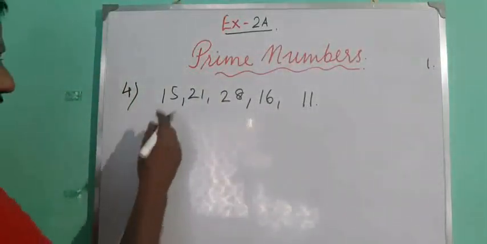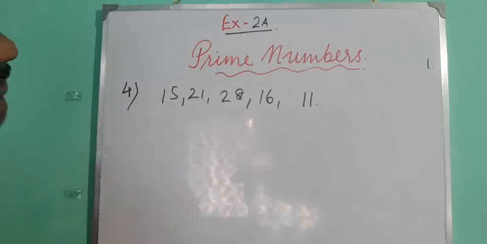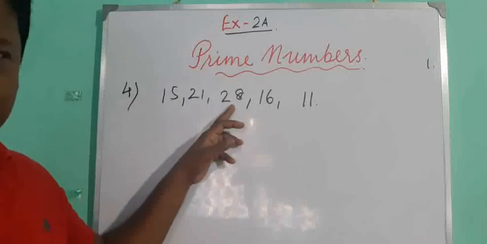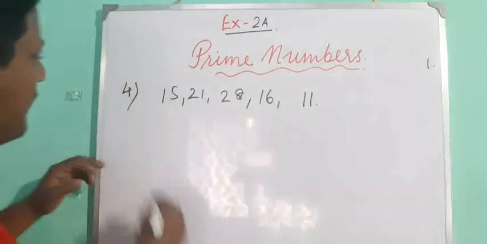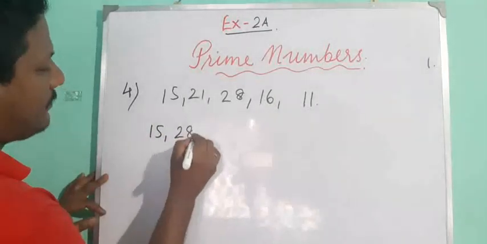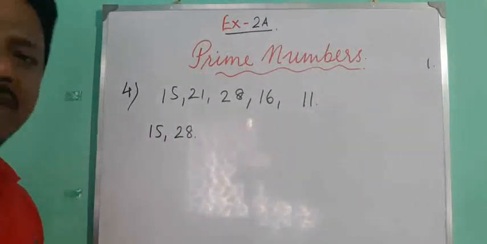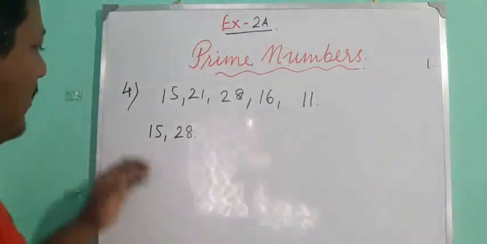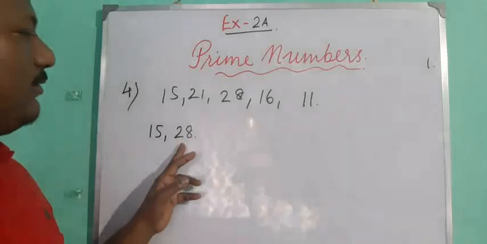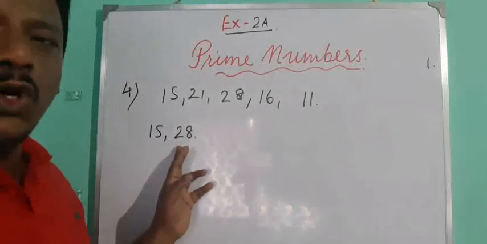So first of all, can we make the pair 15 and 21? No, 15 and 21 have a common factor. Can we make 15 and 28? Yes, 15 and 28 can be, because 15 comes in the table of 5 and 28 comes in the table of either 2 or 7.